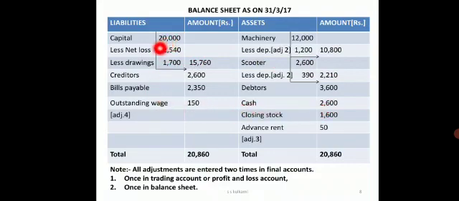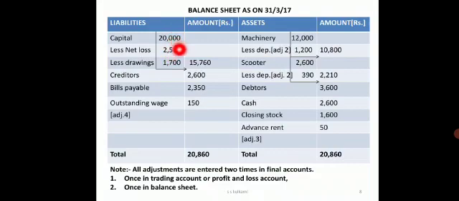So first I have capital which is taken from the trial balance, 20,000. From that I will deduct my net loss, 2,540. Next I have drawings which is being made during the year. First entry on the debit side of trial balance, 1,700.